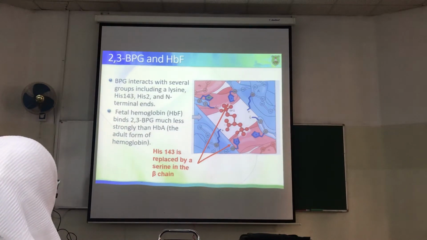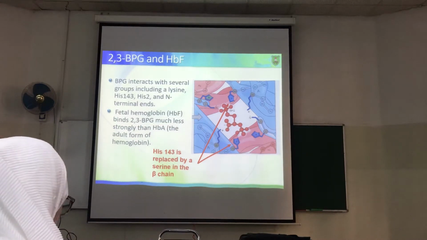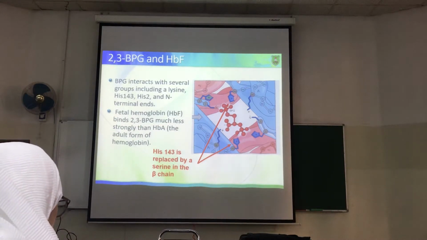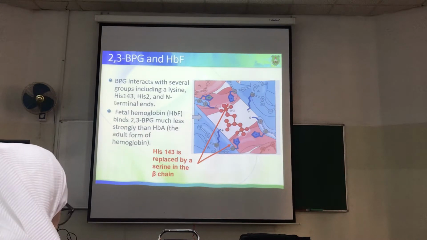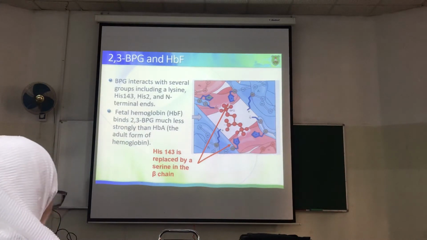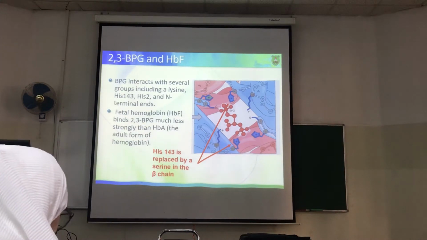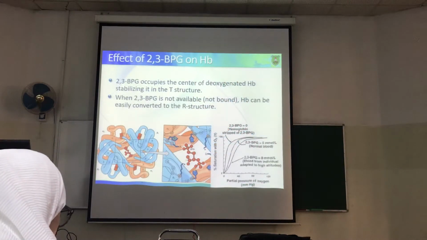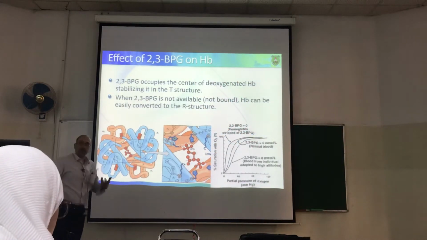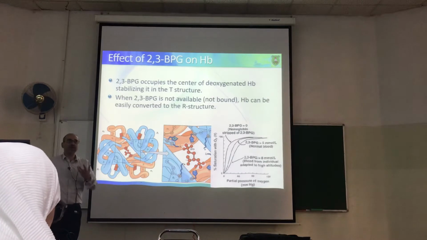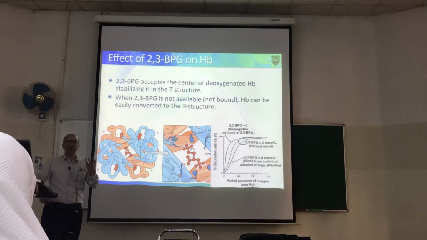By having such interactions, you can have stabilization of the T structure of hemoglobin, which is the low affinity state of hemoglobin. And this happens in tissues. Great. So this histidine is important. And the whole interaction is important as well because the 2,3-bisphosphoglycerate is probably like the main driving force.